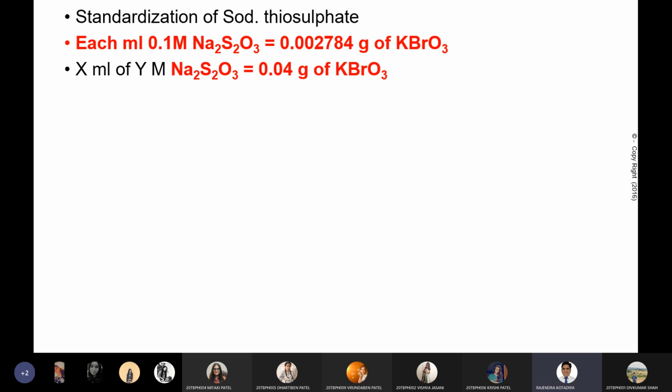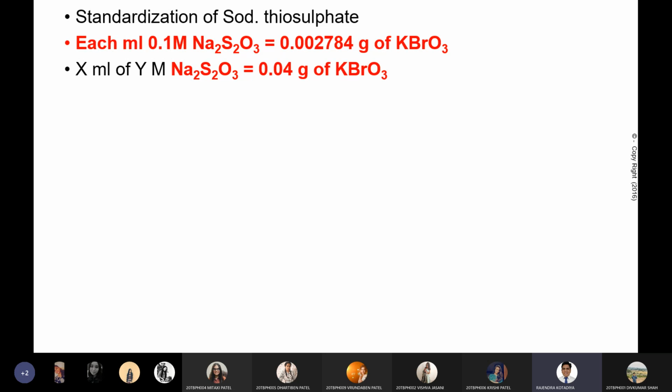If we take X ml as our burette reading of Y molar sodium thiosulphate, we equate our solution, because we have taken 0.04 gram of KBrO3. That is all we took in class, right? Yes, sir. So the factor we got was for 0.002784 gram of KBrO3 if it is 0.1 molar and 1 ml. That is correct for that case, but our solution, whose molarity is unknown, is Y molar. Suppose we do the titration and find the burette reading, say for example 30 ml.